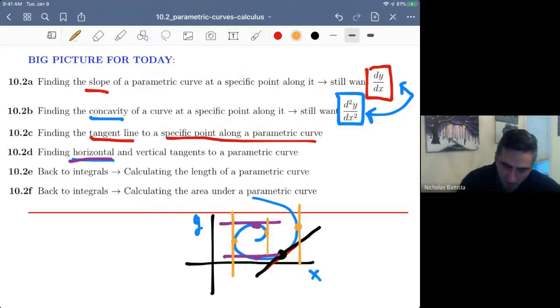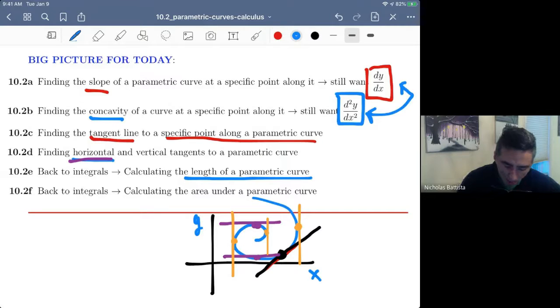And the next thing we're going to do is go back to integrals and start asking ourselves, how can we extend the idea of calculating the length of a curve to a parametric setting? So we're going to derive the formula for finding the length of a curve in a parameterized setting.